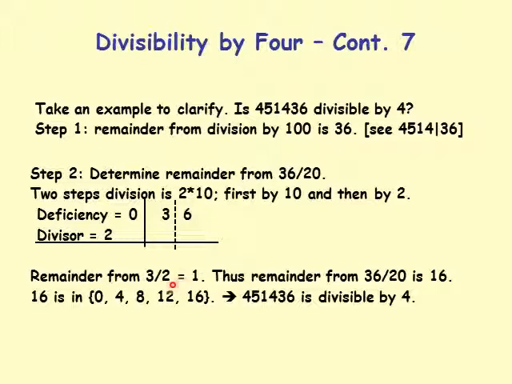This is the multiplication table for 4: 4 times 1, 4 times 2, 4 times 3, and 4 times 4. And this 0 here is 4 times 0. A remainder of 0 means it's divisible, and so this remainder also says the number is divisible by 4. So 4, 5, 1, 4, 3, 6 is divisible by 4.